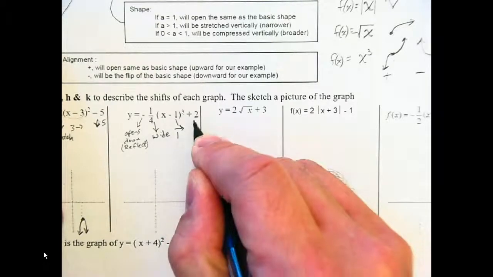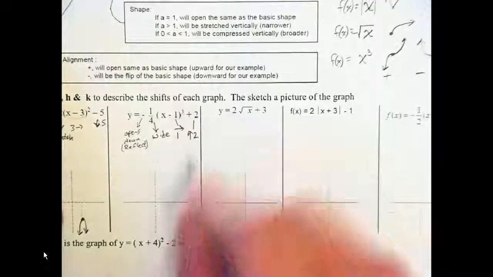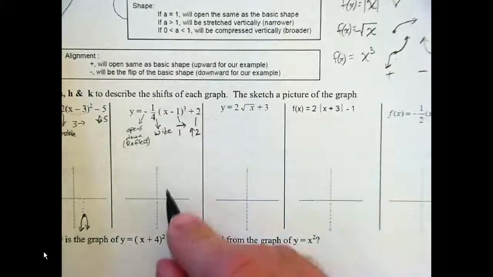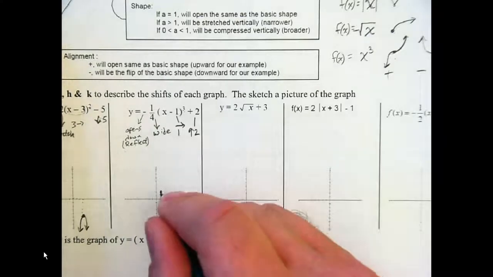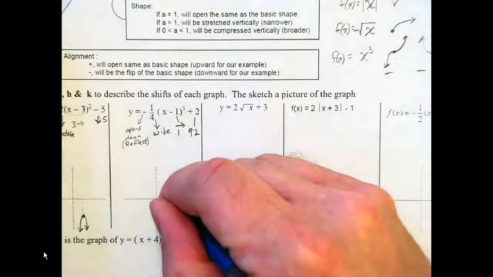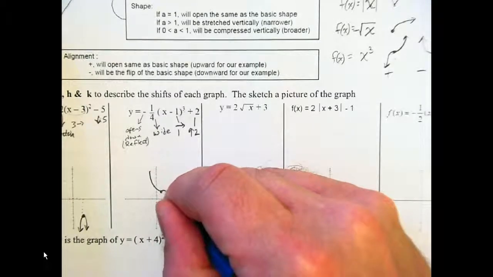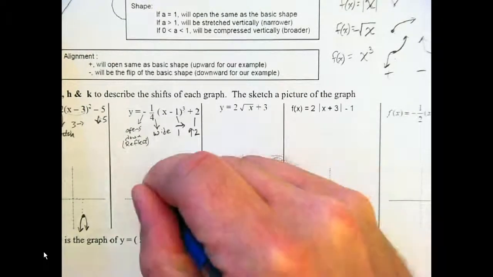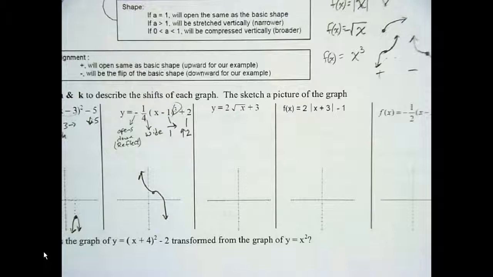And this means it goes up 2. Okay? So I go this way, 1. I go up 2. It's pretty wide, and since it's a cubic, it does something like that. It belongs to that neighborhood. Got that one? All done?